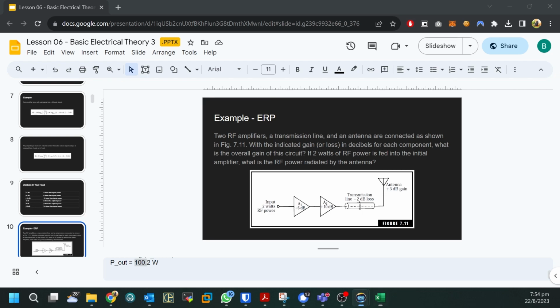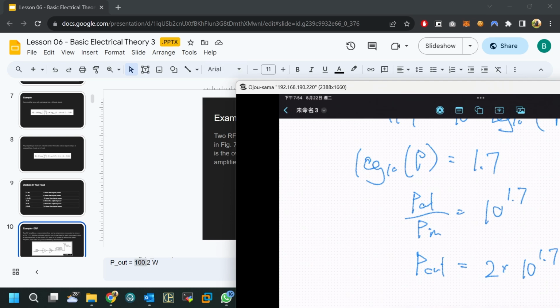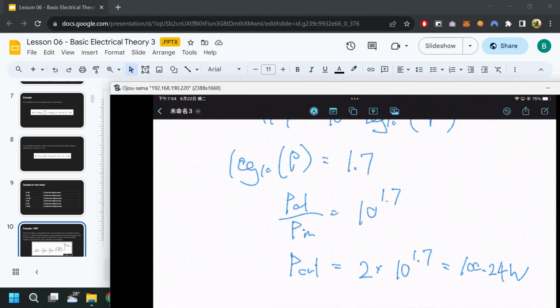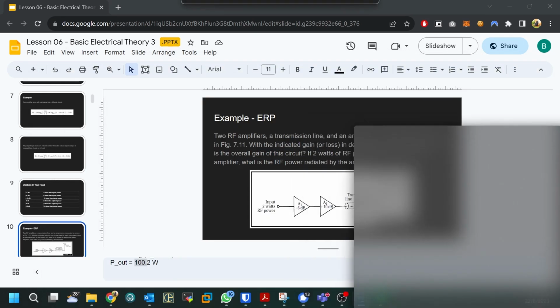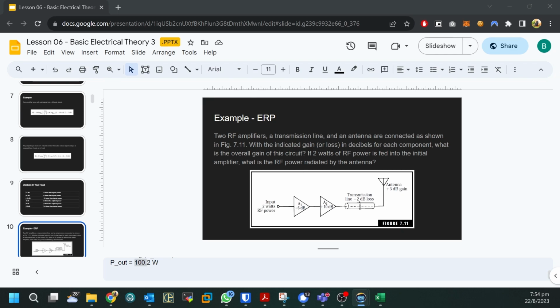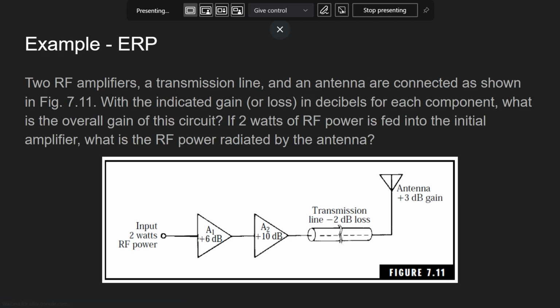You meet dB, your friend, again and again when they talk about amplifiers and circuit gain, gain and loss. That's why I have to talk about it first. Otherwise, you will be very confused.